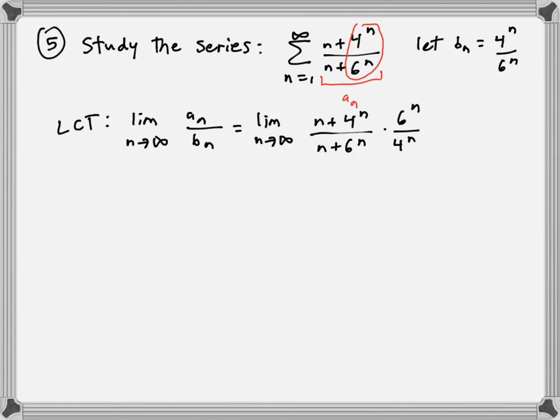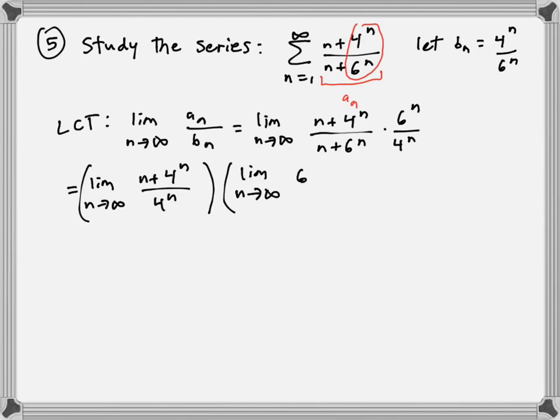So I'm going to do what I did in the last problem. I'm going to write this as a product of two limits, and I'm going to separate it into the ones that are related to each other that are easier to calculate. The first one is (n+4^n) over 4^n. The second one is 6^n over (n+6^n).